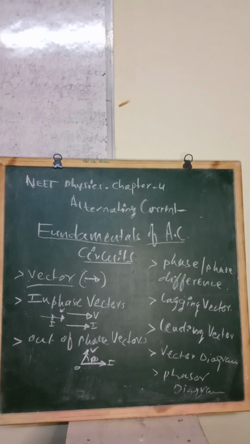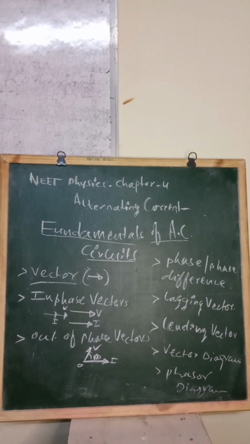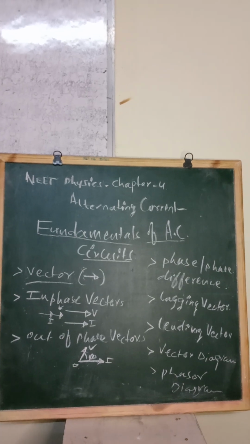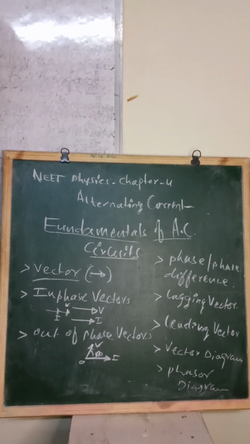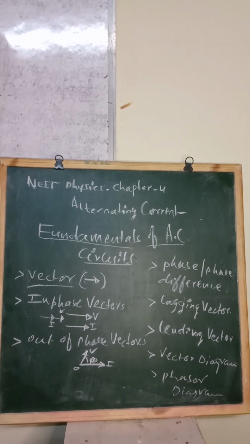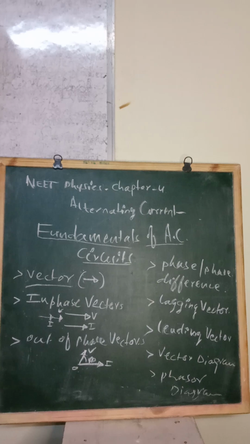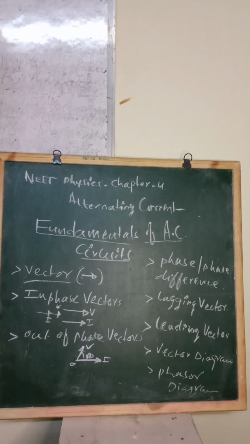So in electrical engineering, as far as alternating current is concerned, which element has the in-phase property? That is pure resistance. In case of pure resistance, voltage and current will be in phase with each other. In preceding chapters, we discussed this.